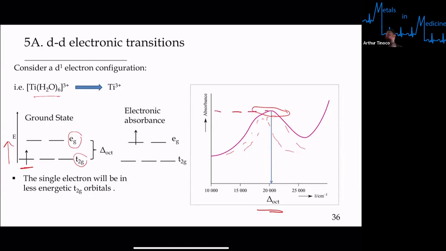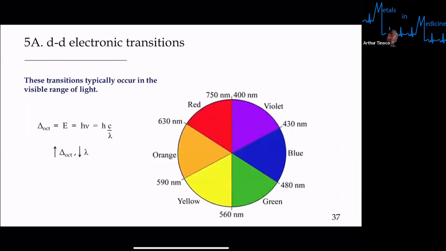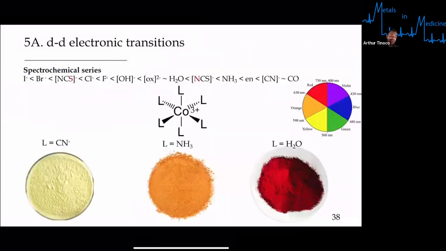So that absorbance that we're registering, because that intensity is going to give us an indicator of how allowed a particular transition is. All right, so we discussed this use of the color wheel as it gives us information as far as the complementary nature of these absorbances that we typically see for d-d transitions, which occur in the visible range.